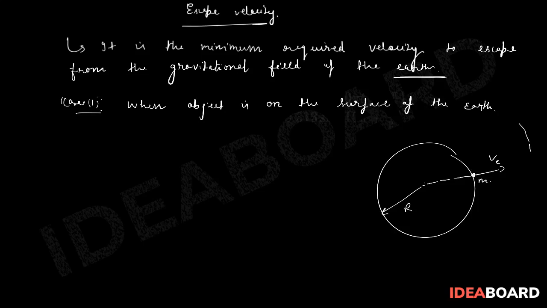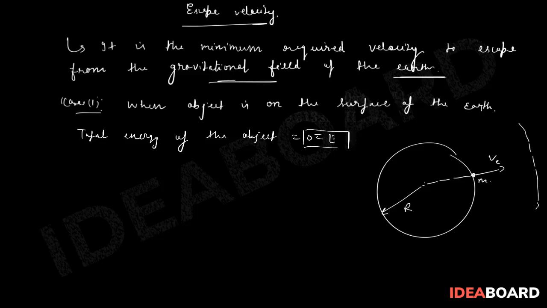So basically, what does it mean to escape the gravitational field? It means the total energy of the object is equal to 0. That means total energy E is equal to 0.